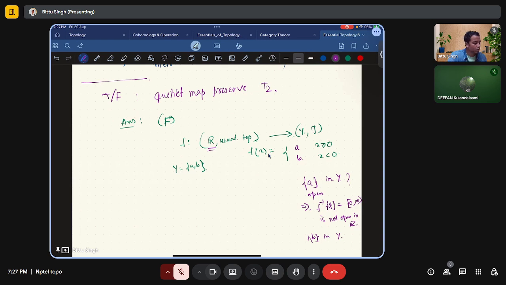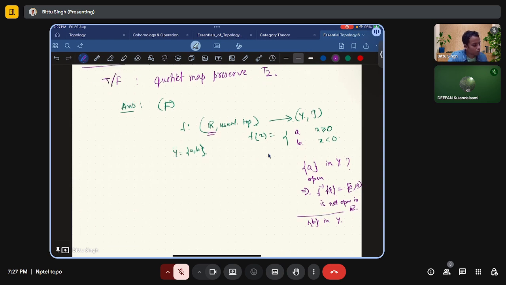So can we assume B is open in Y? This should be open in Y if and only if the inverse image of this B is open in X. We see that the inverse image is nothing but minus infinity comma 0, which is an open interval in R, open in R. So B is open.